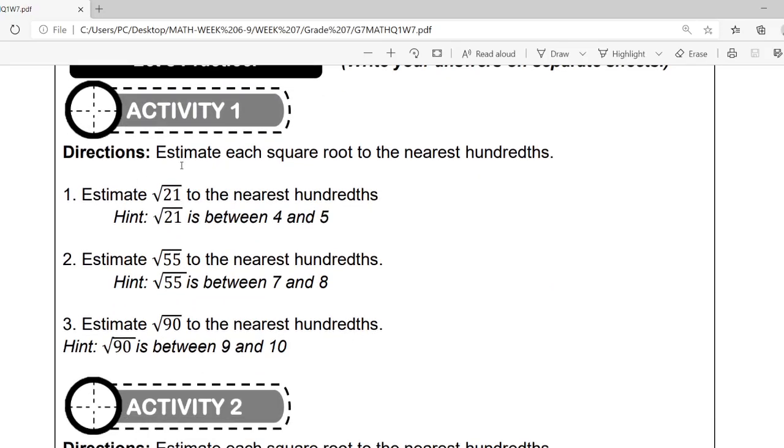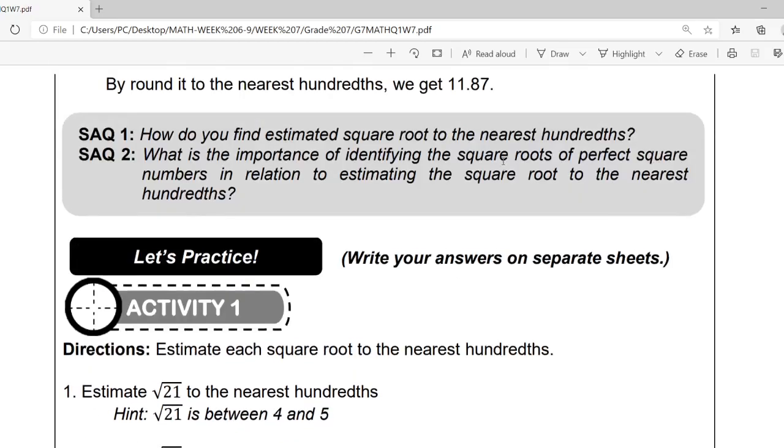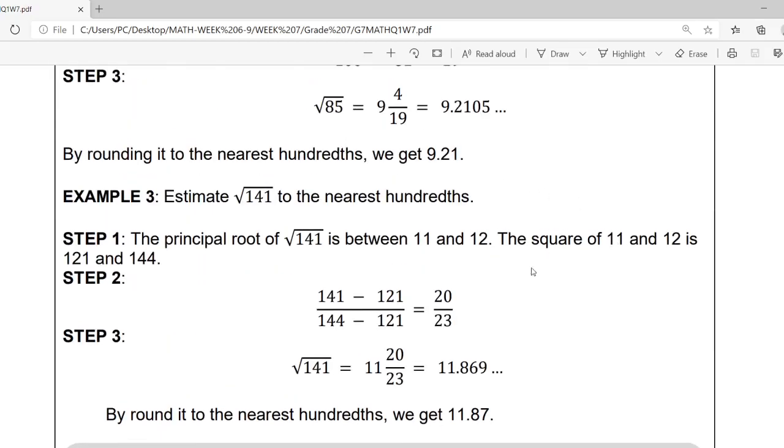So, activity 1, you are going to estimate each square root to the nearest hundredths. So, you just do the step 2 here. Okay, so the square root of 21 is in between 4 and 5. You find the lower perfect square number and the upper perfect square number.